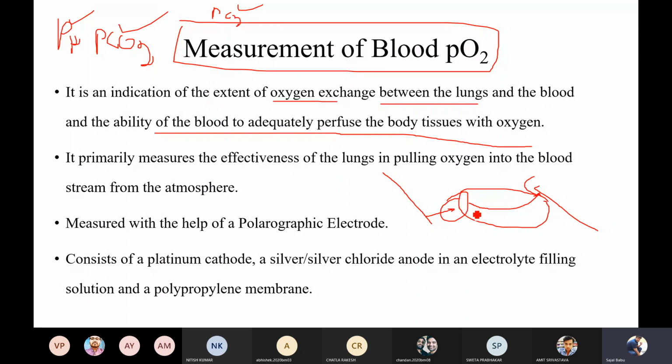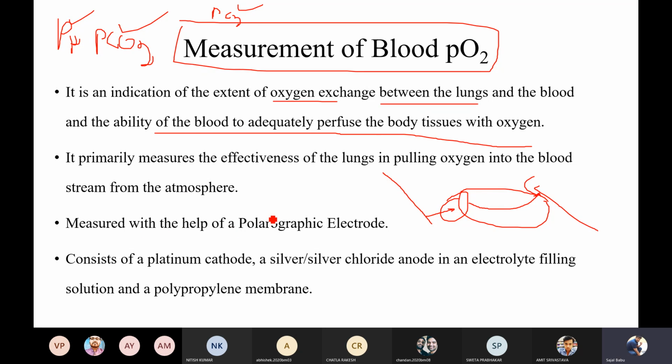These are the two reasons if there is any change in the PO2. One reason is from the lungs, the oxygen is not getting into the blood, or the other reason is from the blood, the oxygen is not going into the body tissues. If from the lungs the oxygen is not getting into the blood properly, then the PO2 will be less, and if from the blood the oxygen is not going into the tissues properly, then the PO2 will be more. So it will definitely represent the effectiveness here.